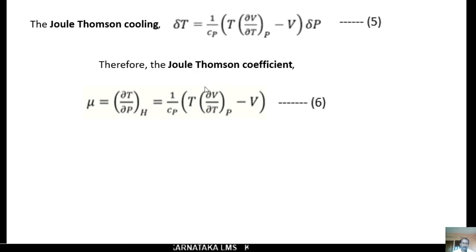This is the Joule-Thomson coefficient here. Here, delta P in equation 5 is cross multiplied, taken towards the LHS, that is delta T by delta P. This ratio is said to be the Joule-Thomson coefficient.